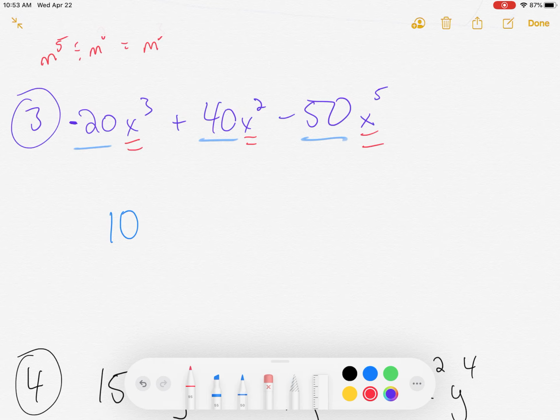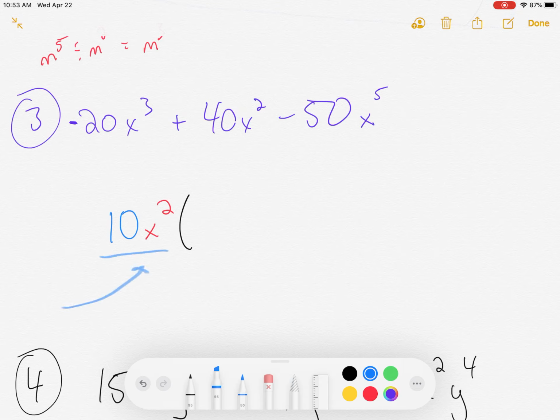Now, I'm going to say, okay, let's look at my letters. And again, we looked at the least amount of letters that we have. So look at the lowest exponent. The lowest exponent we have is x squared. Okay, so 10x squared is my GCF. Now what we need to do is divide each term by my GCF.